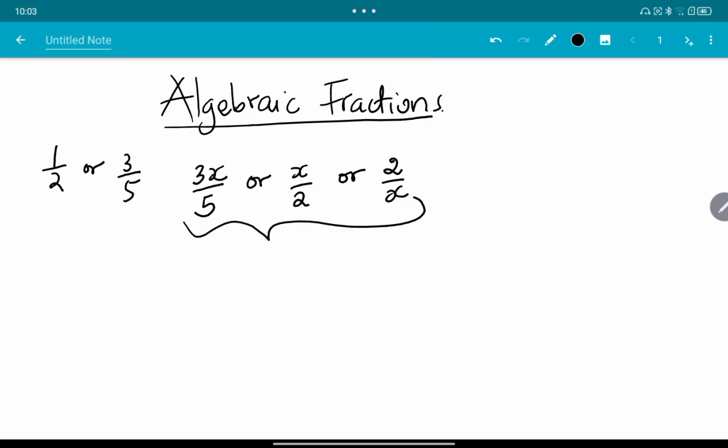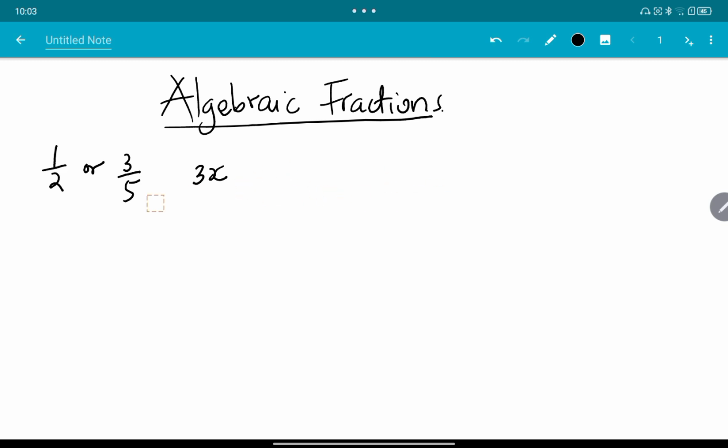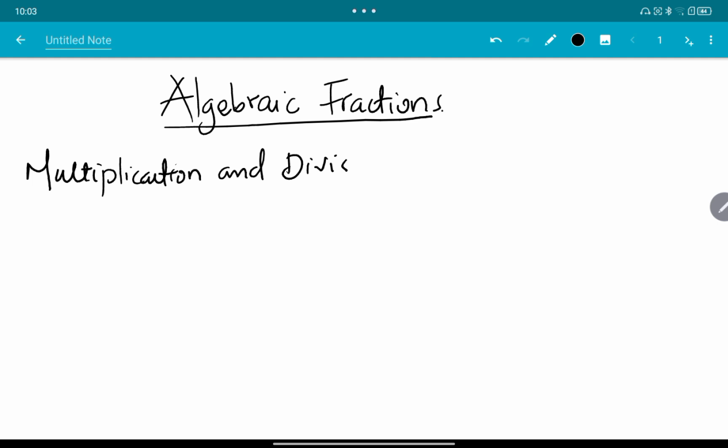When we talk of algebraic fractions, we deal with multiplication and division. How do we handle algebraic fractions in multiplication and division?